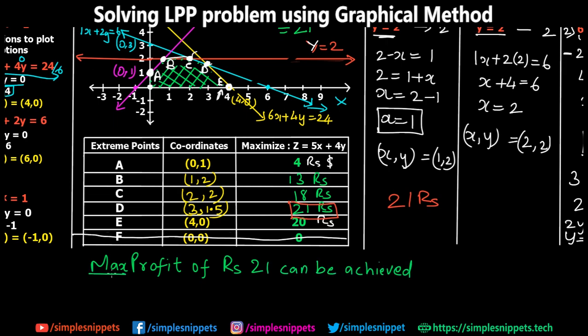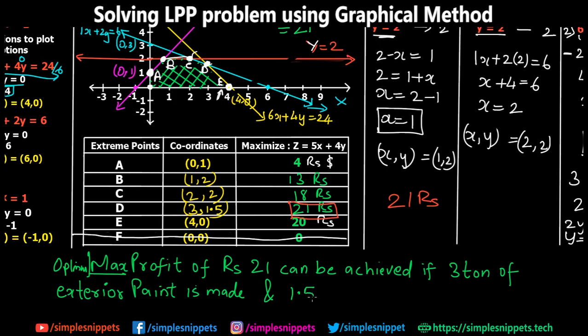You can replace max with optimum also because it's an optimization problem. That is, optimum or maximum profit of rupees 21 can be achieved if 3 tons of exterior paint is made and 1.5 tons of interior paint is made. So this is the final answer, and this is the optimization solution to this entire numerical.